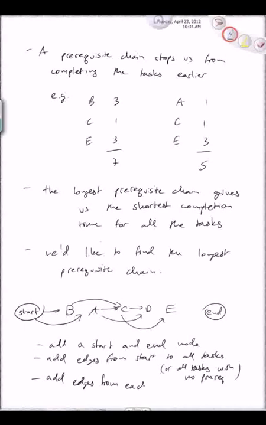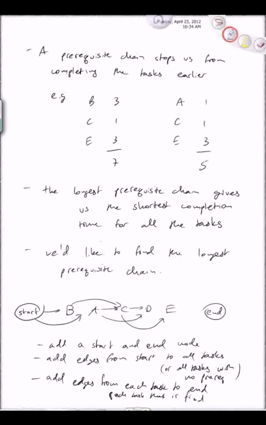And similarly, we're going to add edges from each task to end. And you don't really have to do each task to end. You can do each task that is final.